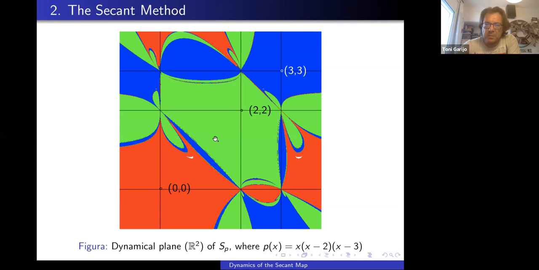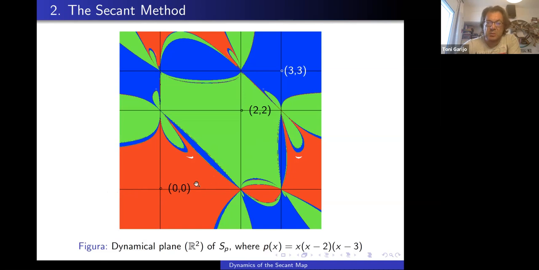And in this dynamical plane, what we see is first the existence of these lobes here. And we can make a zoom in a moment of this part, we see that there are more lobes. Also dynamically, using just the expression of the secant, if you consider the root located at 0, the horizontal line y equal to 0 in one iterate maps all points to the fixed point.